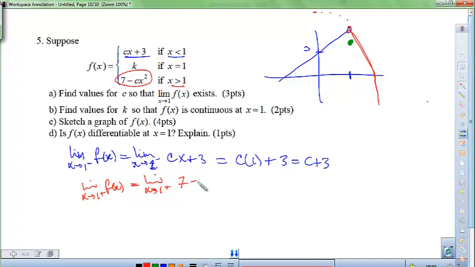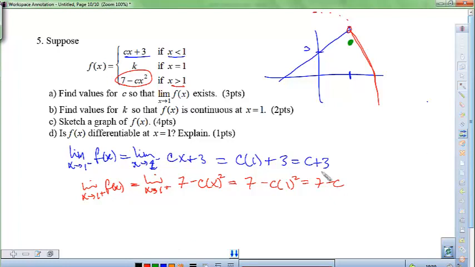So that's 7 minus c times x squared. And again, there's no issues with fractions, so I'm going to put 1 in for x. So this is 7 minus c times 1 squared, which is 7 minus c.